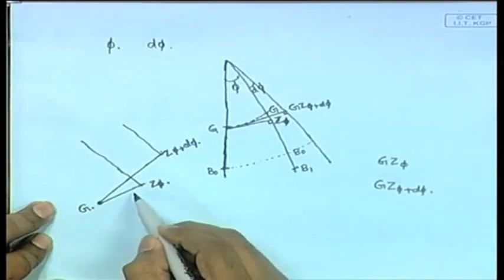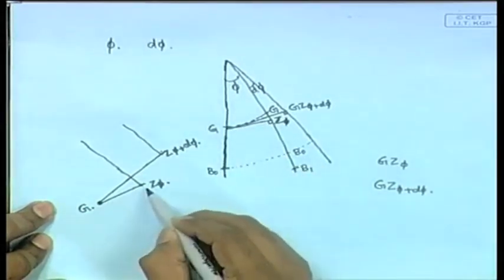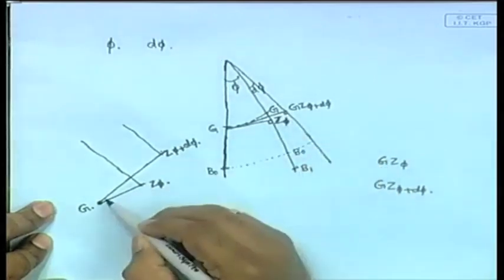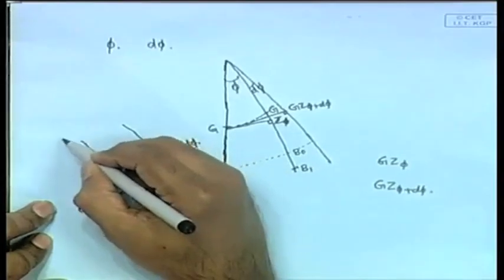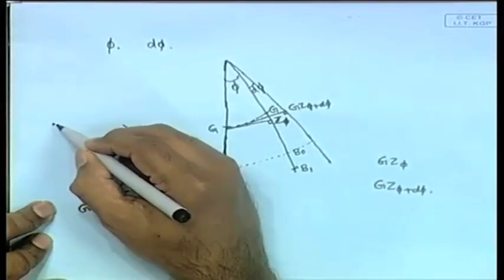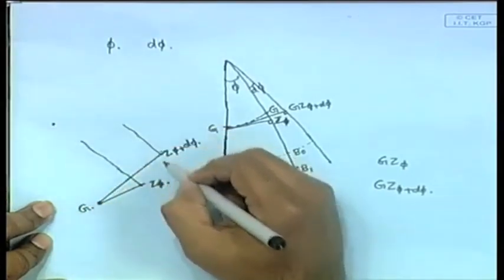So, I am just drawing this figure part. This GZ line is just GZ, this GZ at phi plus d phi I am drawing it here, it will be like this. Now, note that here you have phi, and here you have phi plus d phi. So, two lines like this.